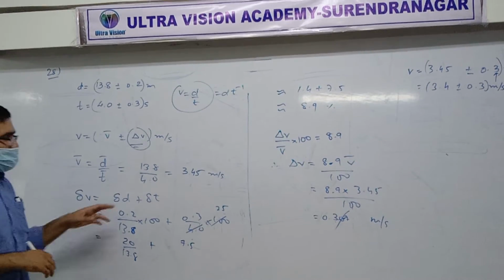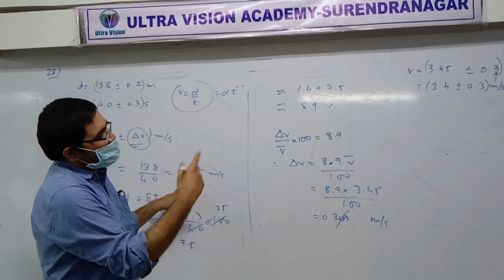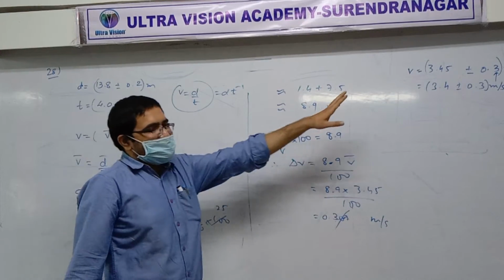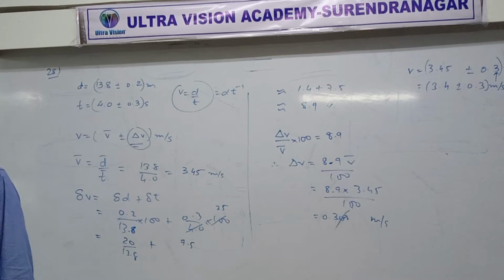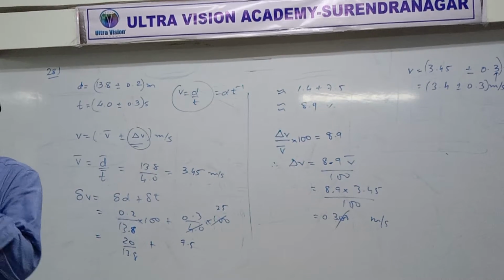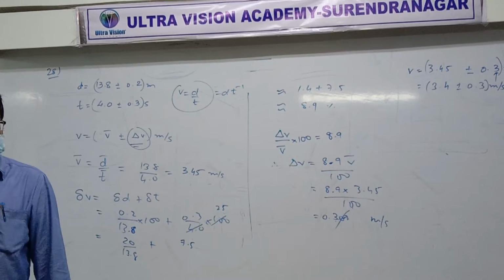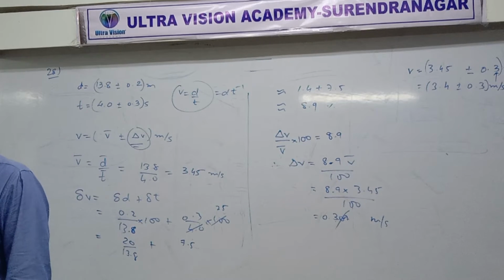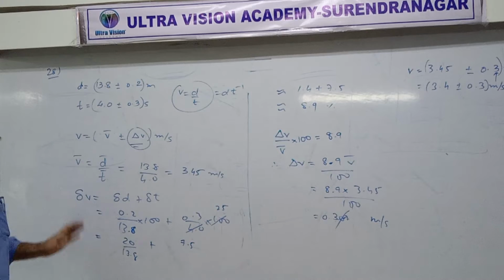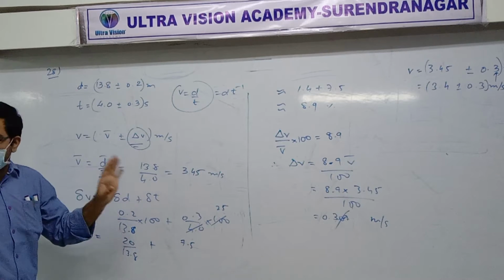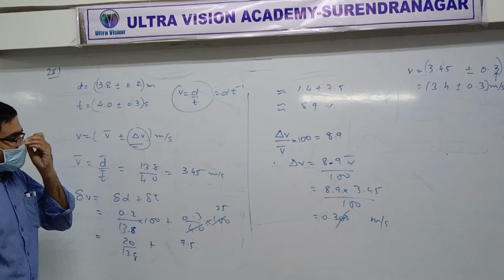But anyways, if 3.45 and plus or minus 0.3 is given in the options, then that would be the correct one. Which option? B. Understood? Okay. I'd like to suggest everyone, please be careful about the method that you are doing. Make sure you are understanding what you're doing.